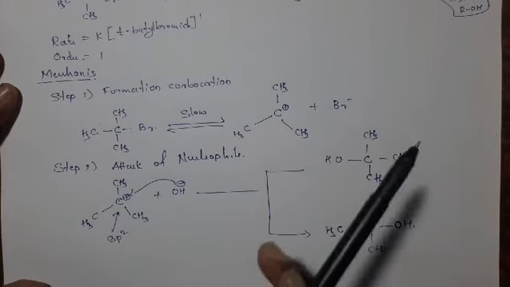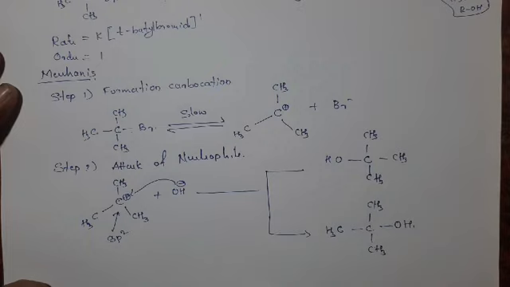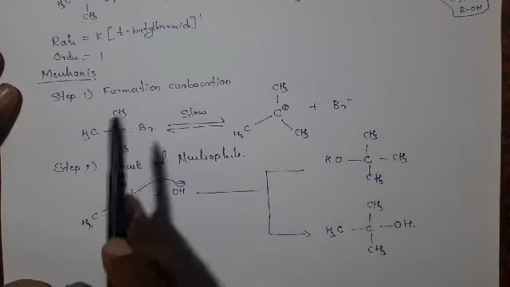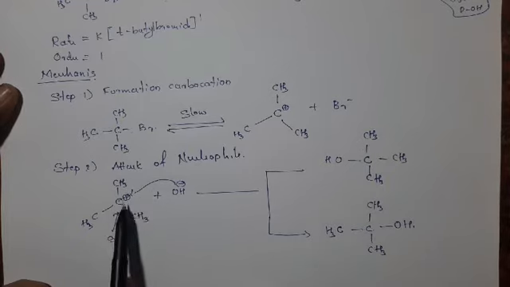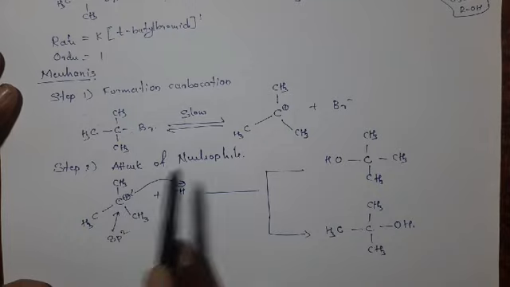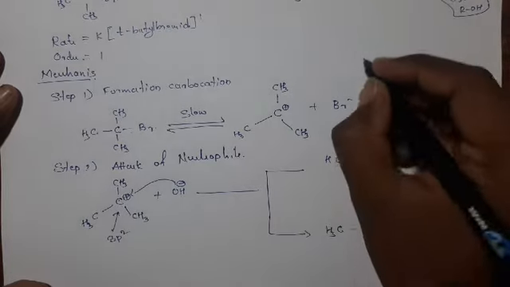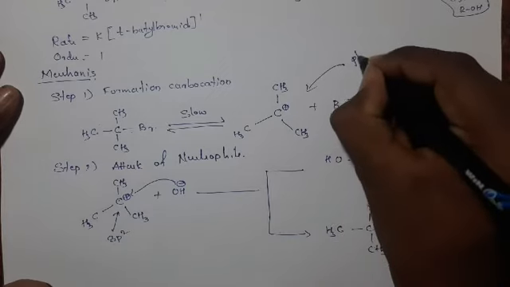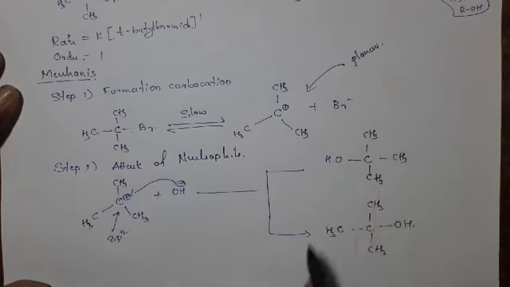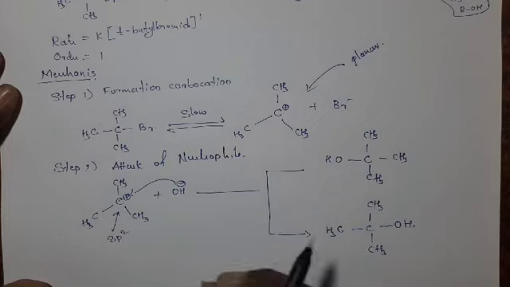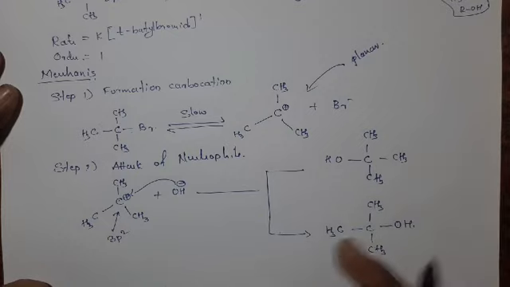But in the SN2 reaction, the hydrolysis of alkyl halide takes place in a single step and gives only one product, the inverted configuration product. In the SN1 reaction, the carbocation generated in the first step is planar in structure, hence the nucleophile can attack from the front side as well as the back side. When it attacks from the front side, it gives one product; from the back side, it gives another product.